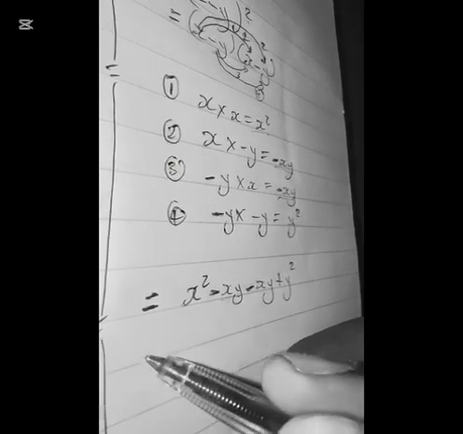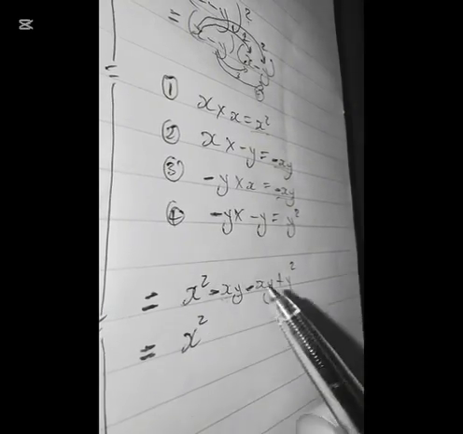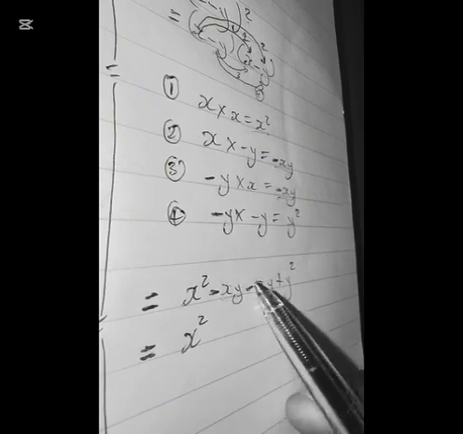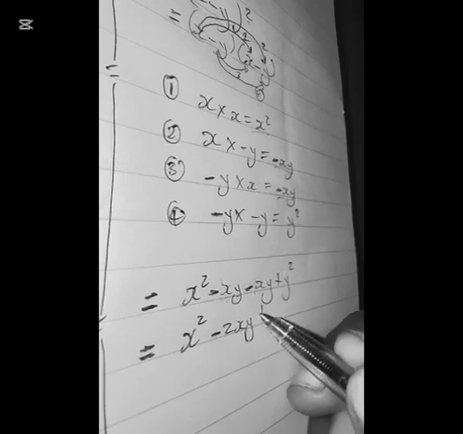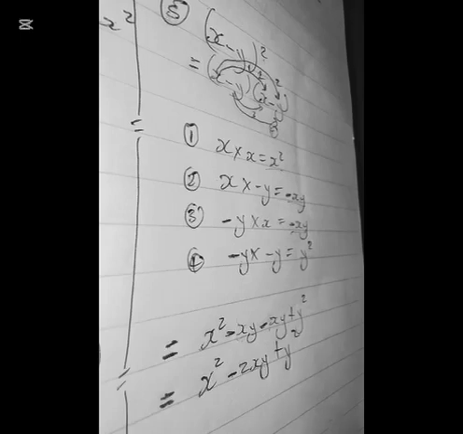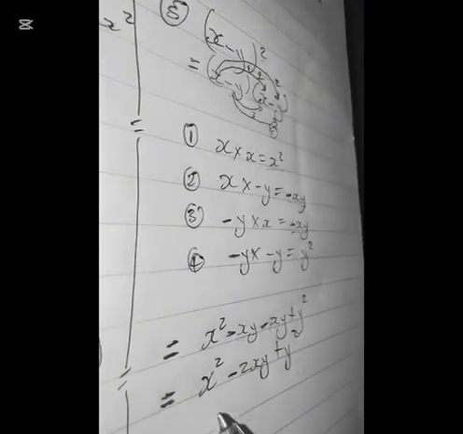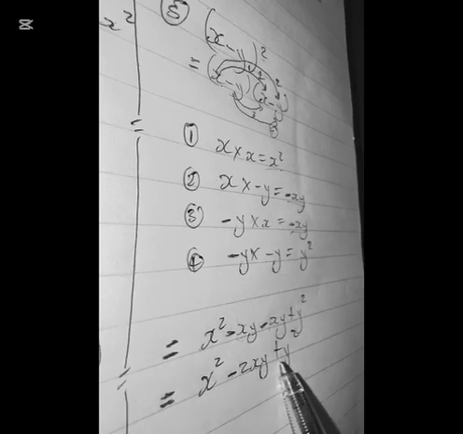So we come to the next step, where x squared, then we add the coefficients of these terms, which is 1 and 1, so negative 2xy plus y squared. So this means the product of this expression is x squared minus 2xy plus y squared.